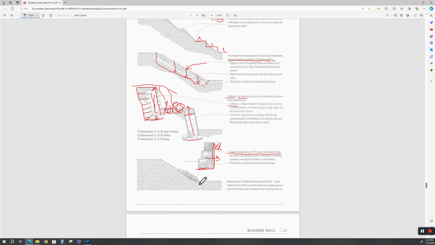And this diagram is natural means of stabilization, including soil or vegetation. And depending upon the slope, your soils engineer and your civil engineer need to be addressing this. Okay, how much rain do you get?